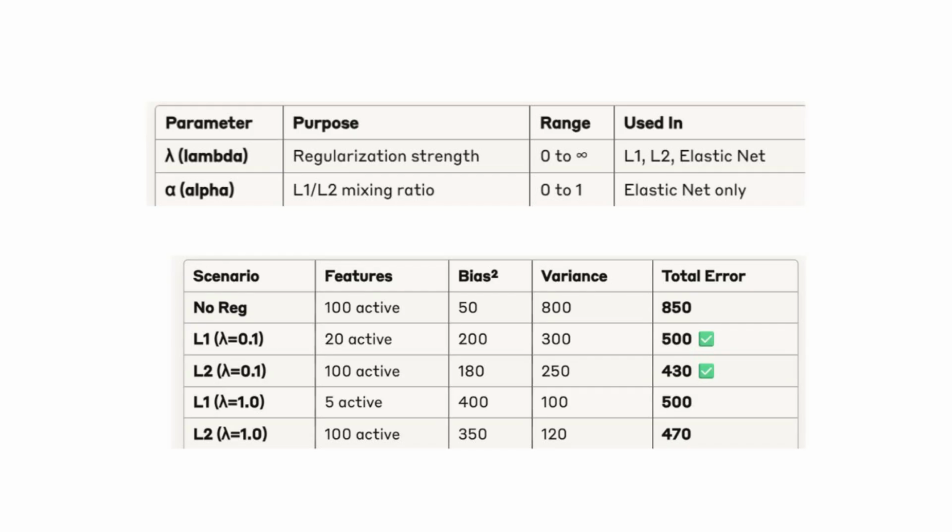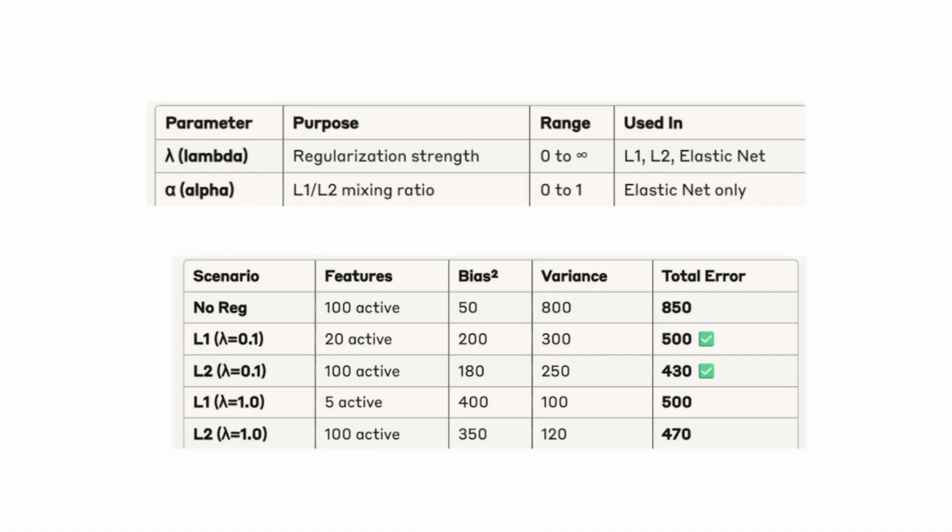In this example, it zeroes out the 80 irrelevant features while keeping 20 of them. This eliminates the noise features while keeping the important ones. Applying L2 means it keeps all 100 features while giving them smaller weights, proportionally shrinking them. This smooth reduction in all the weights prevents overfitting.